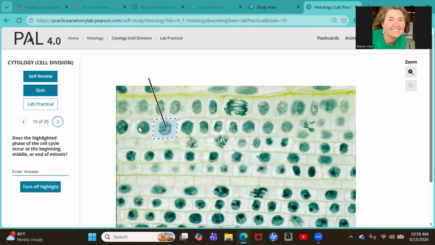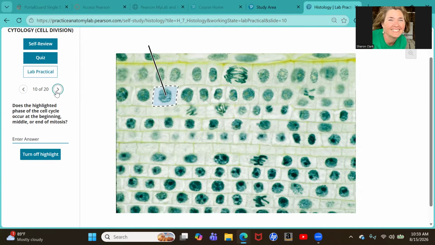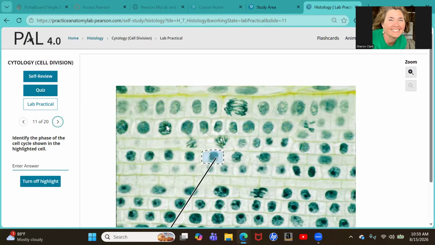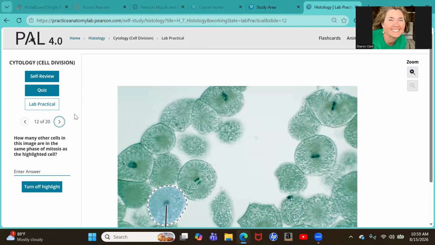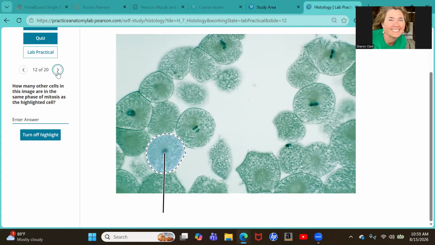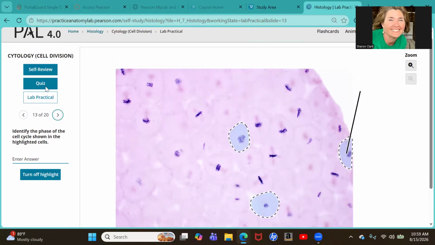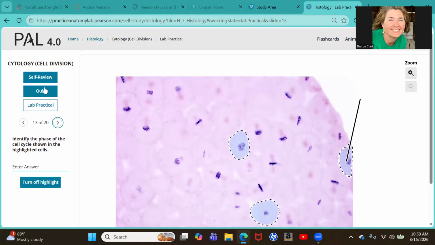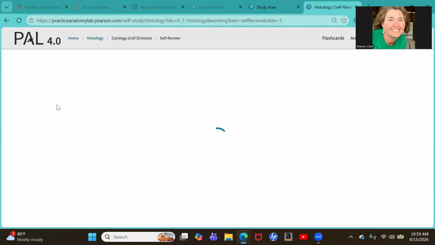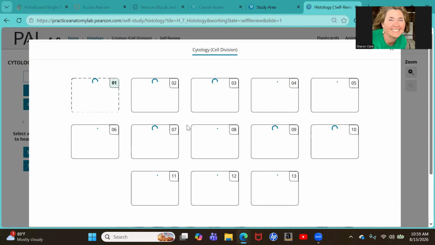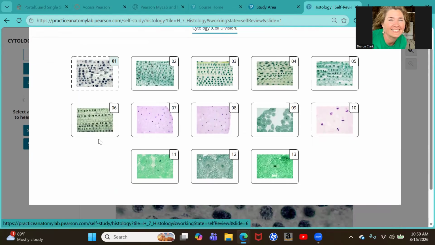Take some time, maybe grab a friend and go through them together, practice together. And then when you're ready, there is a self-review gallery here where you might be able to pull this up on your screen, hit Control Print, and print them out if you'd like, and maybe make notes, although these are very small.